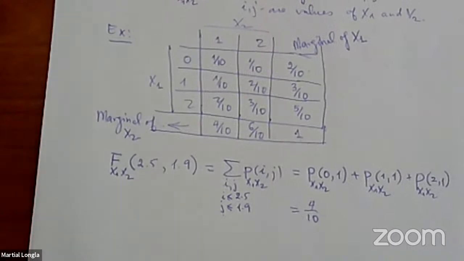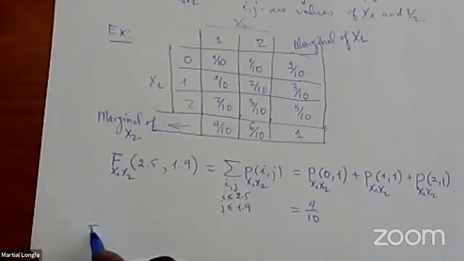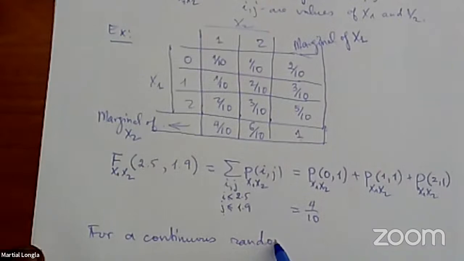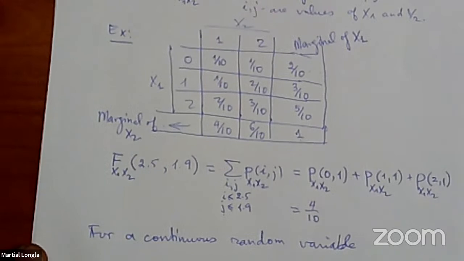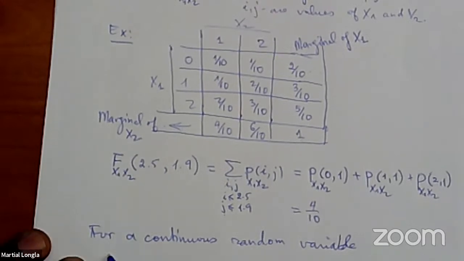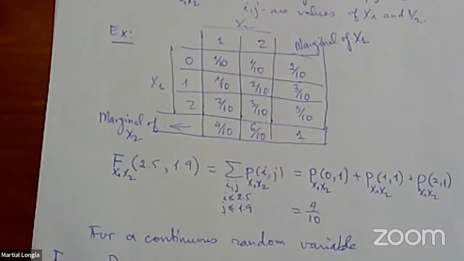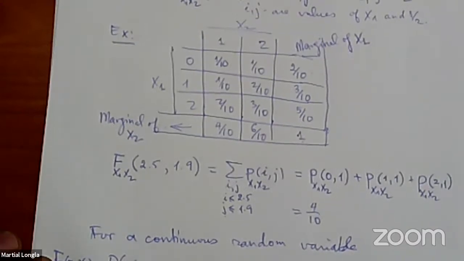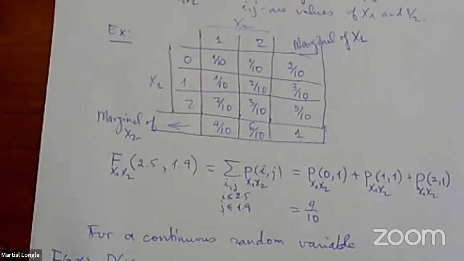Now, if that was a continuous random variable, then it's going to be defined as F of little x1, x2 equal to the probability that X1 is less than or equal to x1 and X2 is less than or equal to x2.